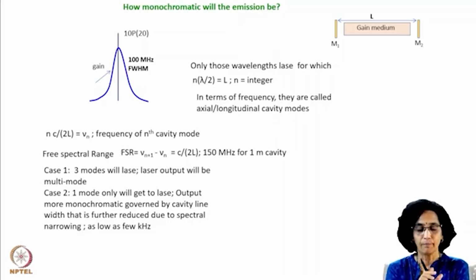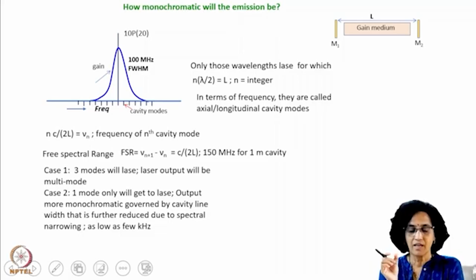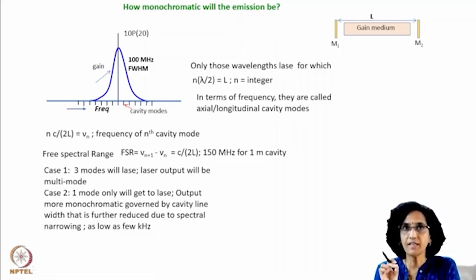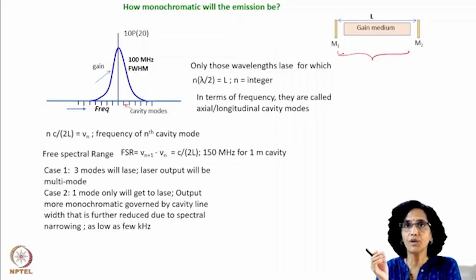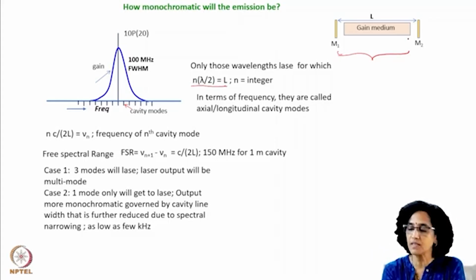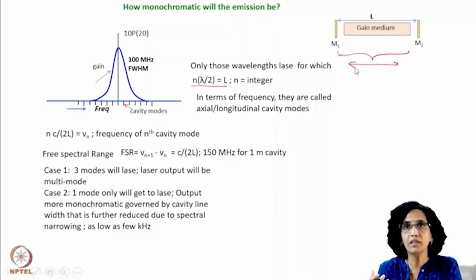It is not so, because you must have learned in your previous classes that only those wavelengths for which an integral number of half wavelengths exactly fit into this resonator cavity, these are called the longitudinal modes. Only those wavelengths can get feedback in this resonator cavity and will eventually lase.